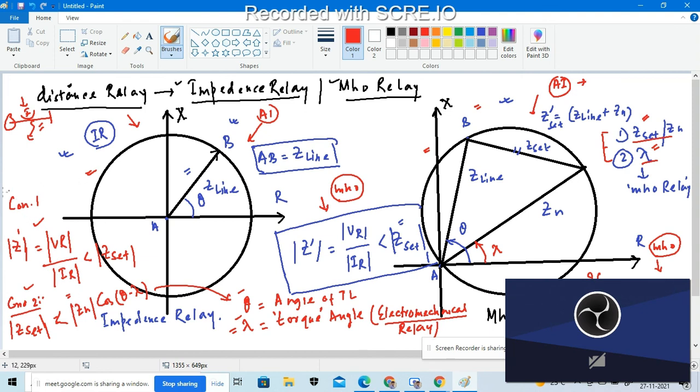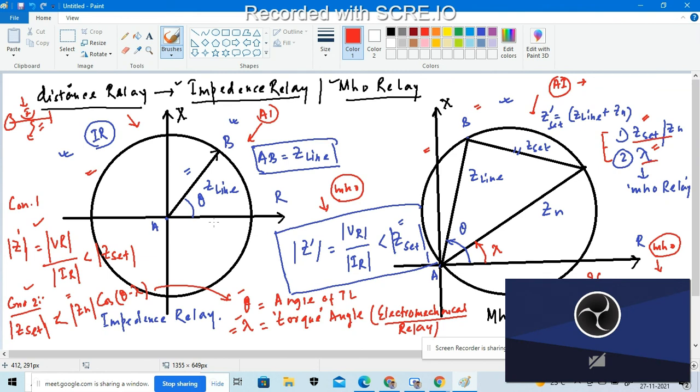If I know the value of this, then automatically we will find out the fault current and where the fault is located. That is why, and also the distance relay has some capability of directional protection.